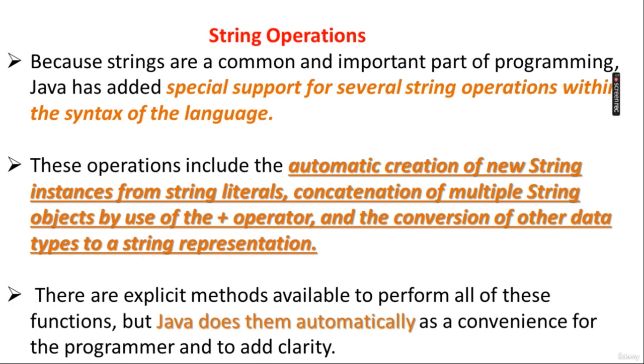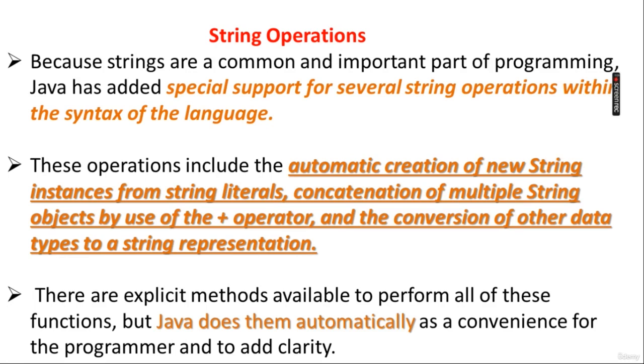Then we will see the string operations. Because strings are a common and important part of programming, Java has added several methods that are already defined in the inbuilt class String. So there are several string operations already present, you just have to use them.